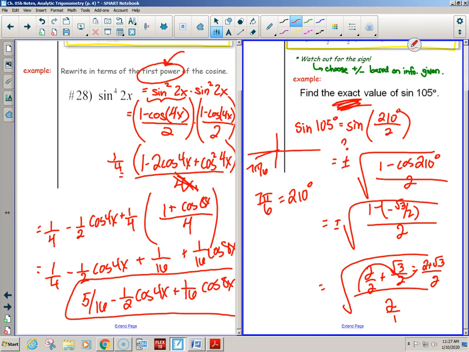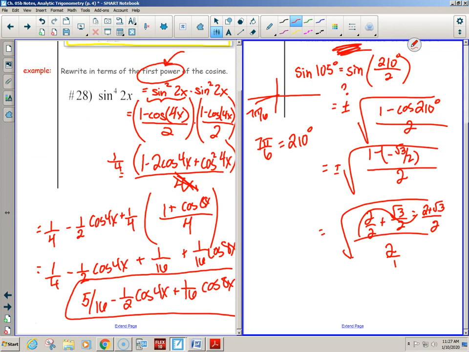There's a snazzy little shortcut to multiplying by reciprocals, in that you can multiply the outers, multiply the inners, and put them over each other. I was showing regular pre-cal that today. But remember, you could also do my trick of just multiplying top and bottom by 2. You would end up with this exact same thing I'm about to write, which is 2 plus root 3 all over 4.